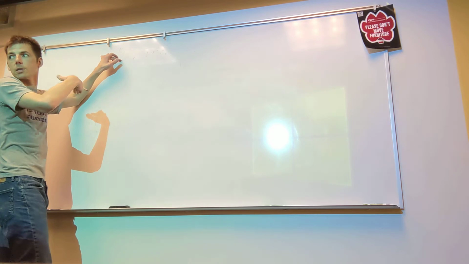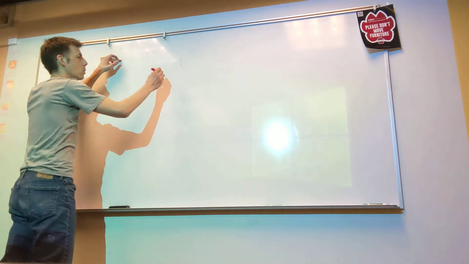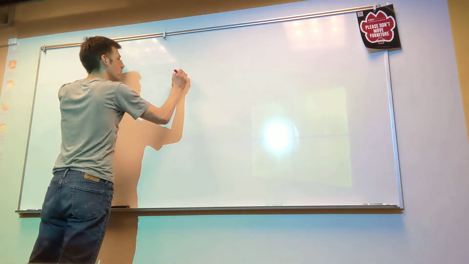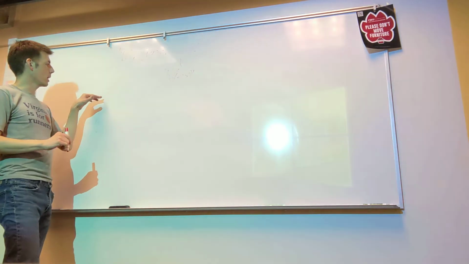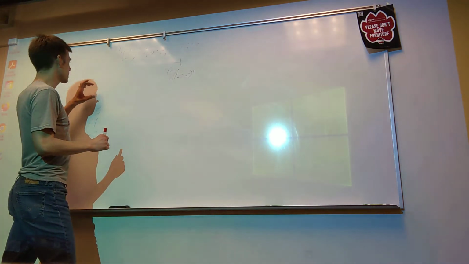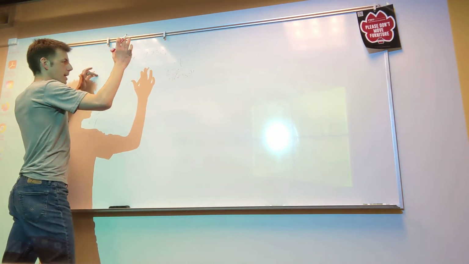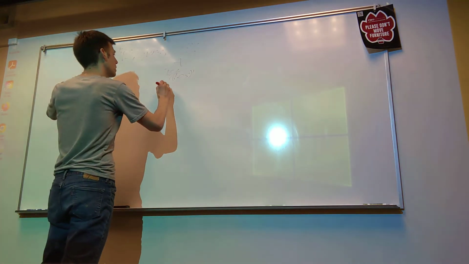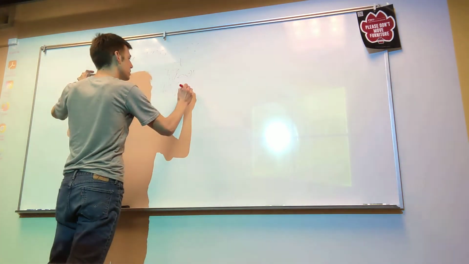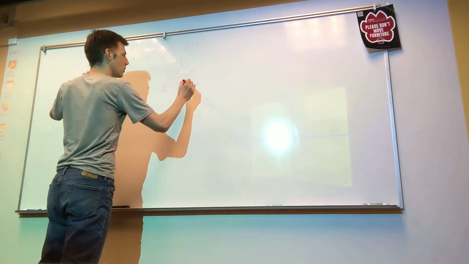What would $10 today be worth to me after 1 year? Well, that would be 10 divided by 1.05 to the first power, right? And then, how much is $10 today versus a $10 payment 2 years from now? Well, that would be 10 divided by 1.05 squared.